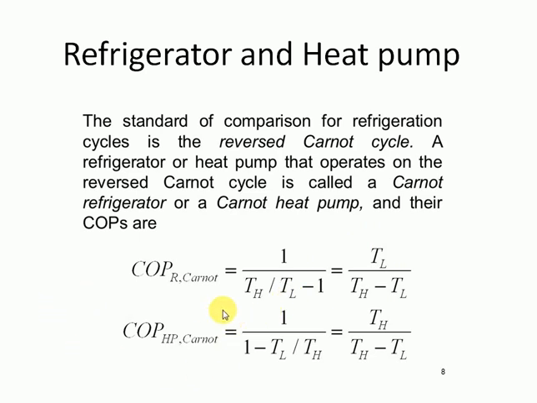Similarly, the COP of Carnot's heat pump is defined as the higher temperature divided by the temperature difference between the higher and the lower reservoirs. In this case, TH is the temperature of the room and TH minus TL is the temperature difference between the room and the atmospheric temperature. So the denominator term is the same for Carnot's refrigerator and the heat pump.